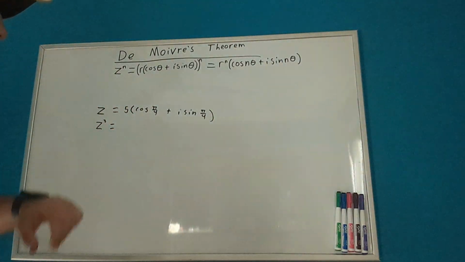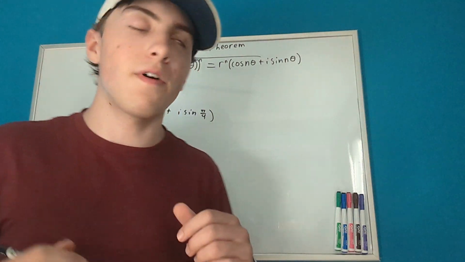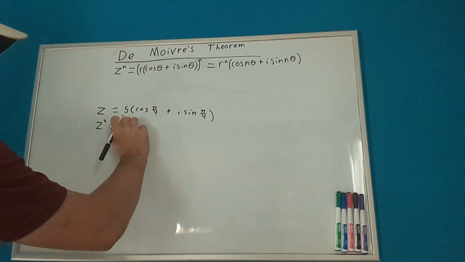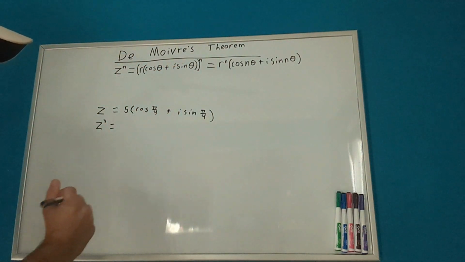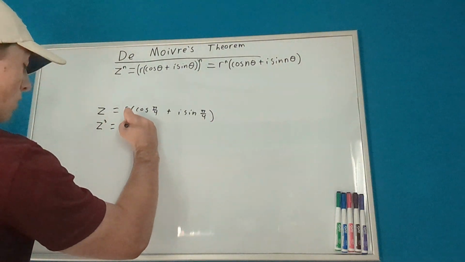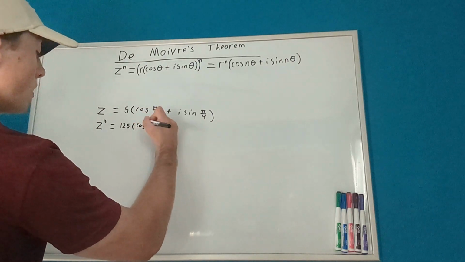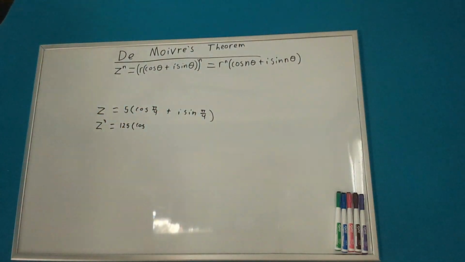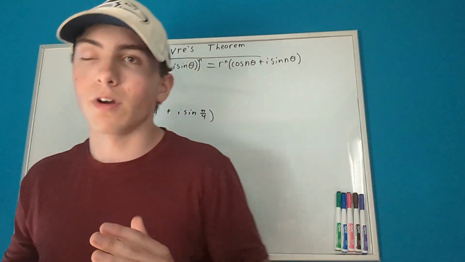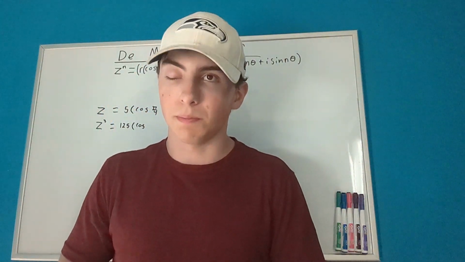So the first thing we want to do is take a look at the 5. Well, 5 cubed is 125. Then we have cosine. Our theta in this case is pi over 4. Remember, whatever the n power is, we multiply the angle by that.